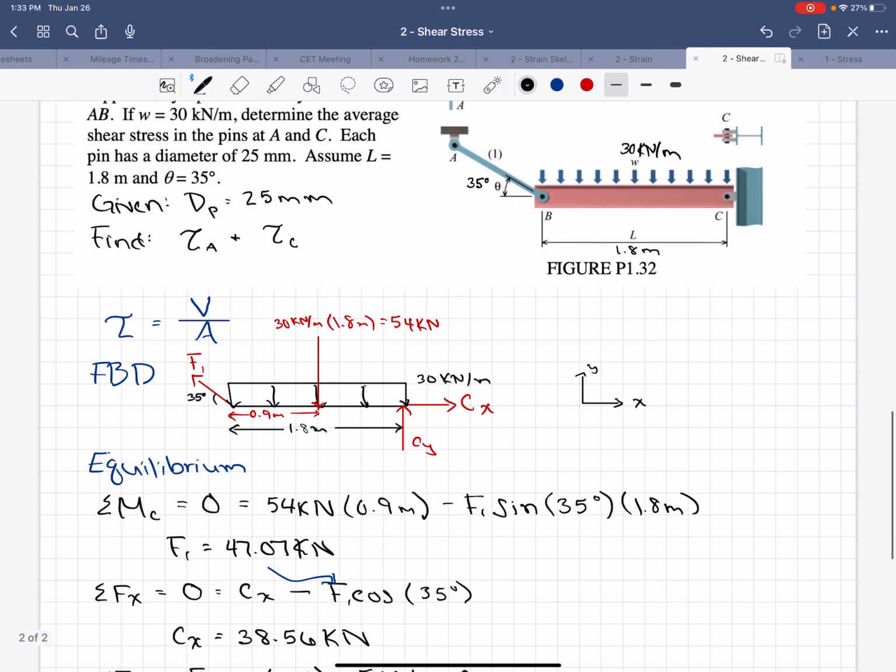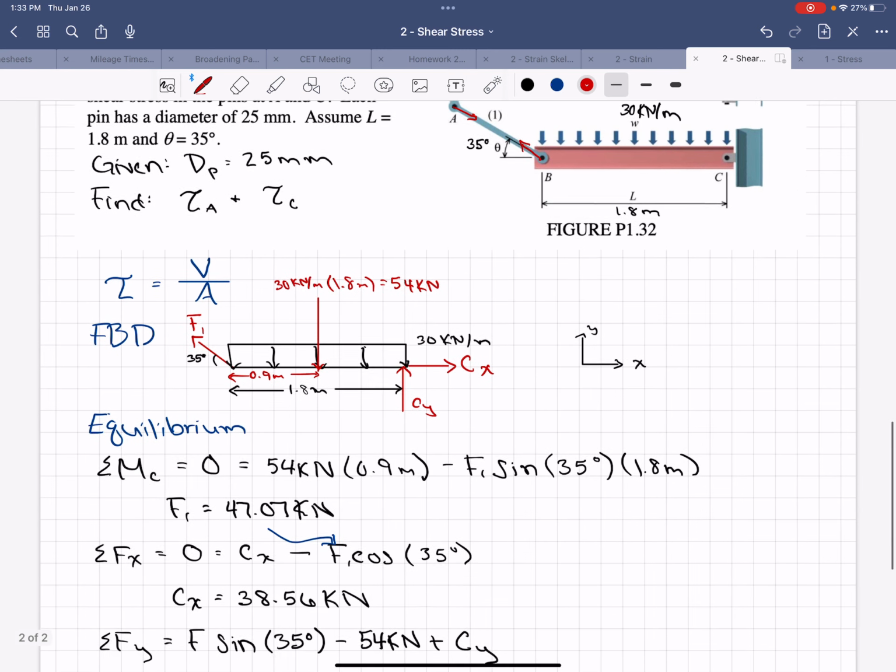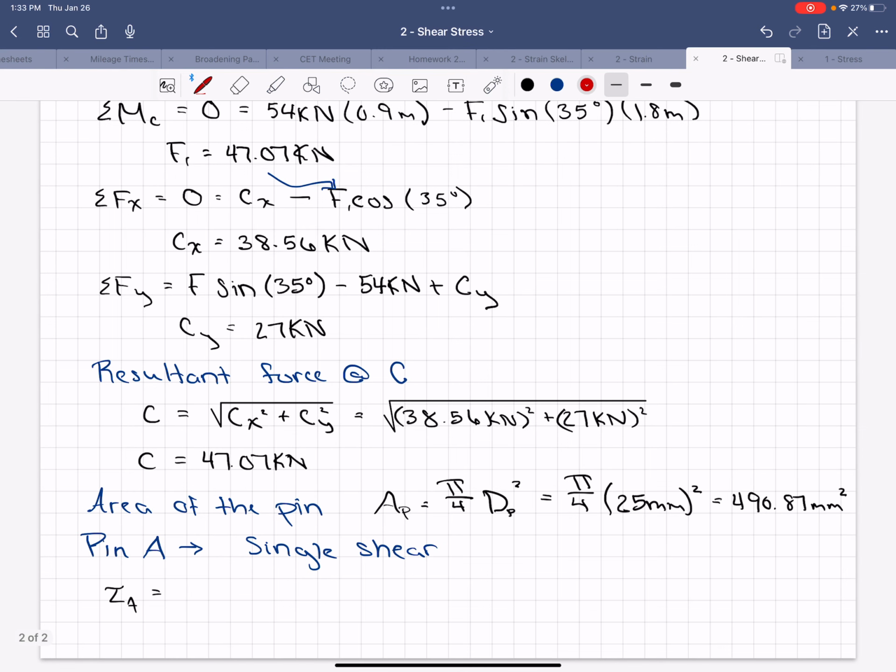So this force coming out at A is the same as this force coming out at B. So we have F1 over the area of the pin, and that equals 47.07 kilonewtons all over 490.87 millimeters squared.